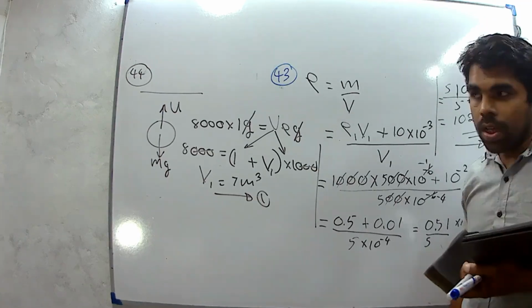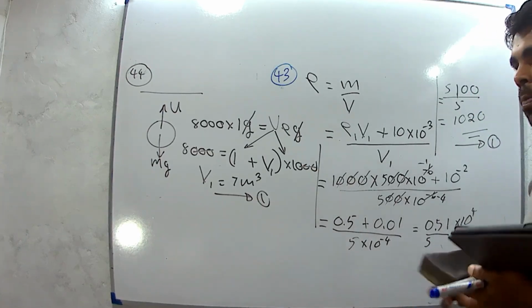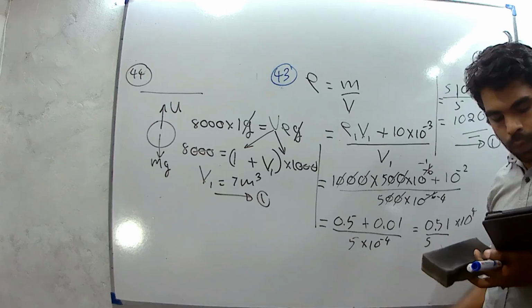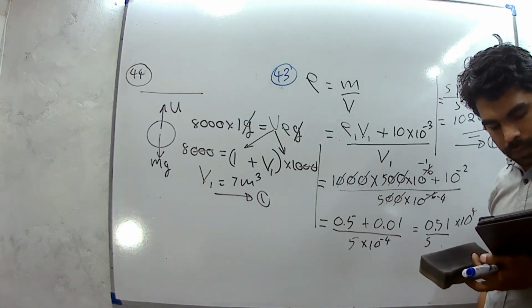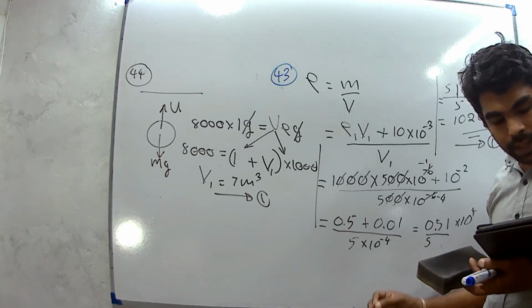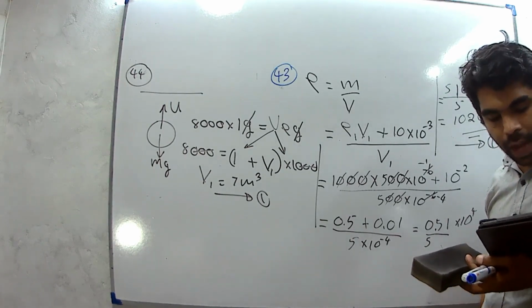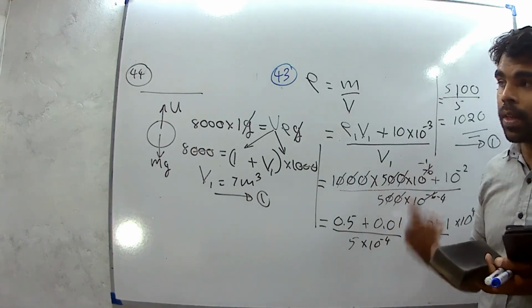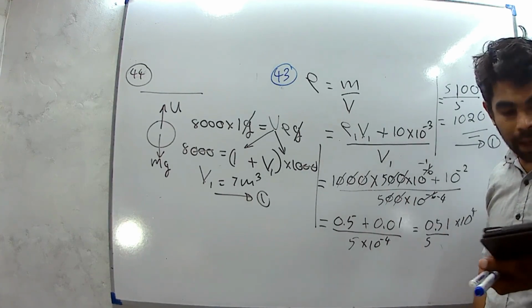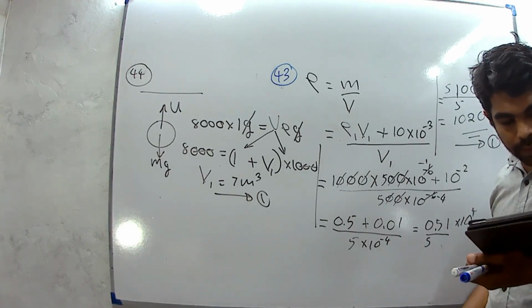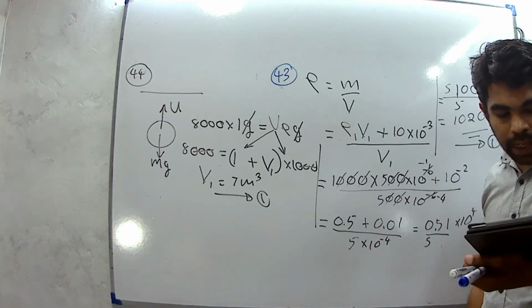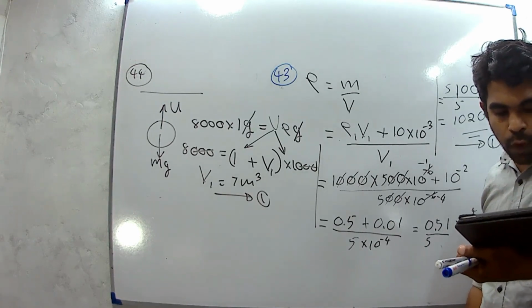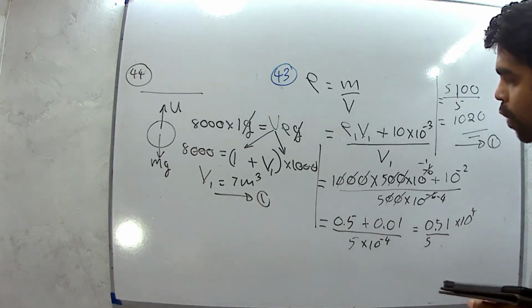We can use Pascal's principle because the pressure due to the garbage dump should be equally divided among nearby houses, and it is the cause of ejecting houses up. Then the fourth one is the answer for question number 45.